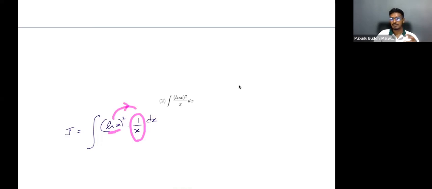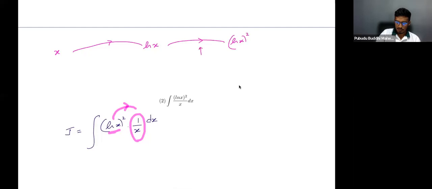Right? In other words, I can decompose that natural log of x squared into two functions: x squared, and natural log of x. So this is the outer function, and this is the inner function.